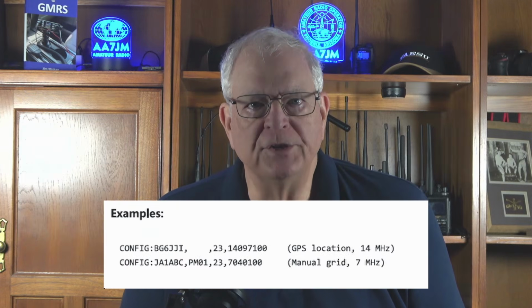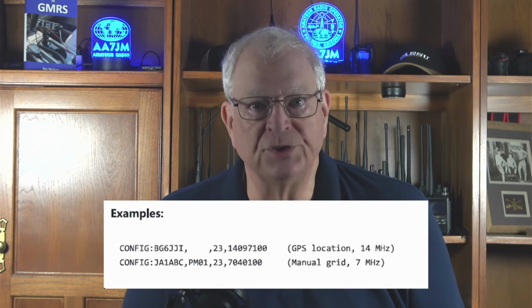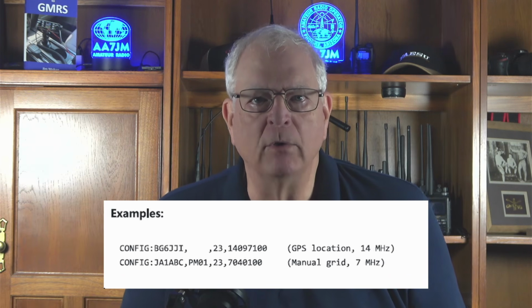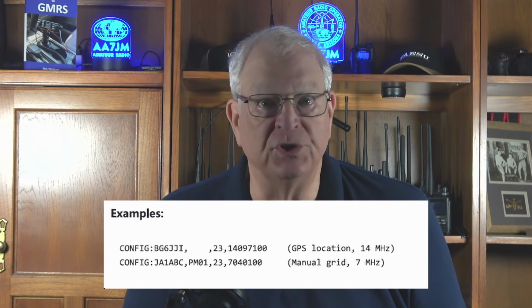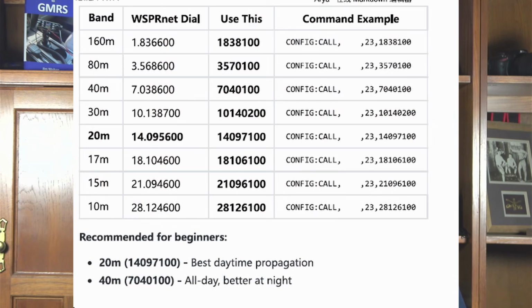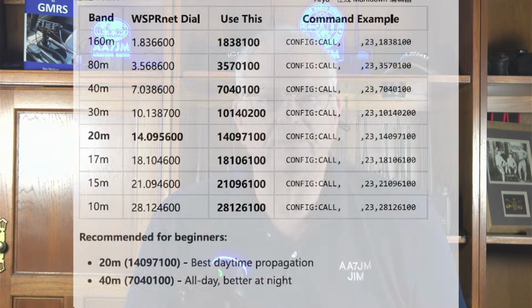Basically, the configuration string will include your call sign, grid square, power level, and the transmit frequency in hertz. This is a 200 milliwatt transmitter, so the power level is 23 for 23 dBm. The guide also lists the Whisper frequencies you should use for each of the bands.